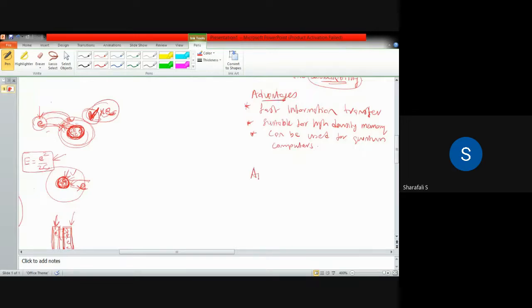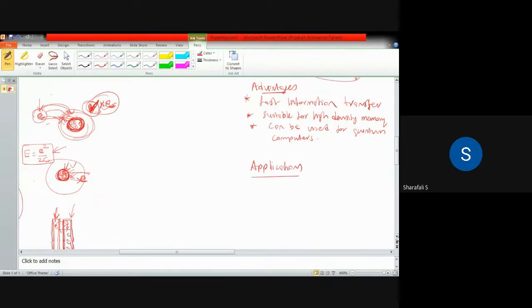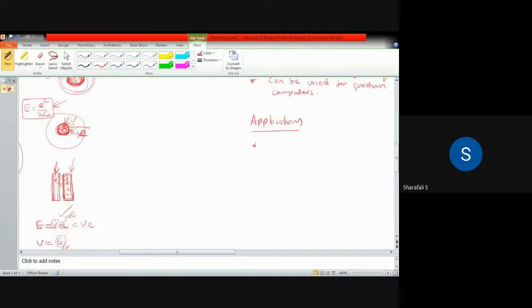So then when you consider applications of these single electron transistors, we can say this is used for mass storage of data. A large amount of data can be stored.